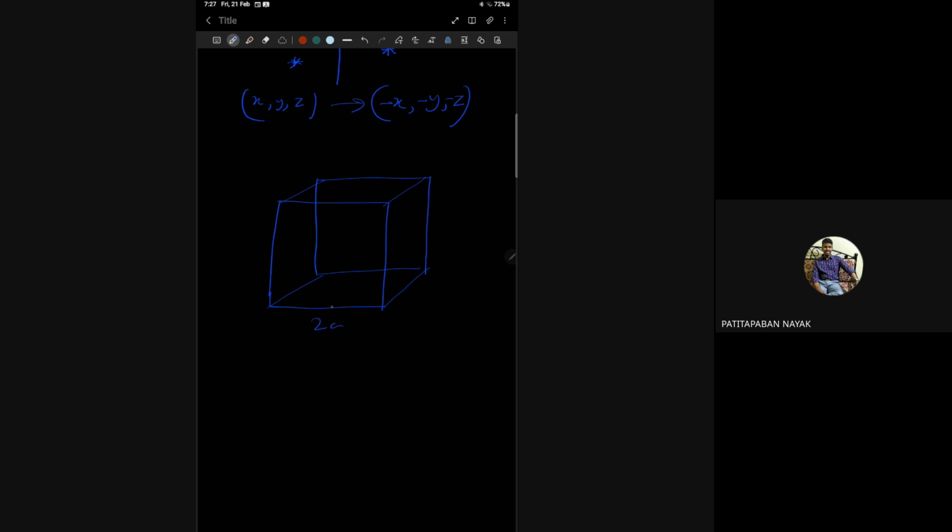If this side is 2a, then the midpoint will be 0. This is also 2a, and this is also 2a. So the coordinate of this point will be a, a, a, because this is 0, 0, 0. And this point will be minus a, minus a, minus a. Inversion means this point goes here, and if the object still remains the same, then we call it inversion symmetry. Clear?